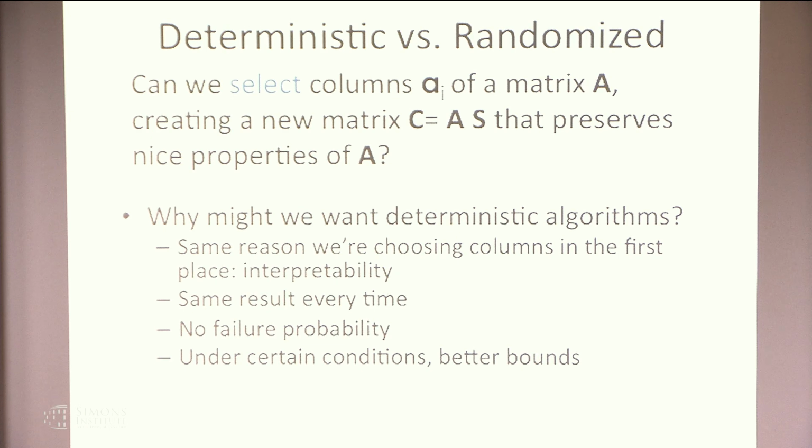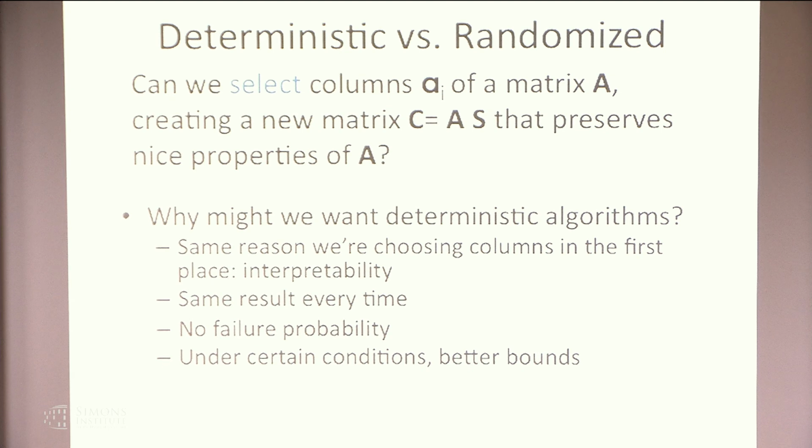So this is why I'm interested in a deterministic algorithm. Also, I'd like to make the pitch for pure curiosity. There were these nice bounds for randomized algorithms for ridge leverage scores, and the question I was curious about was whether you can do this in the deterministic setting too. It seems like you really should, but nobody had done it.